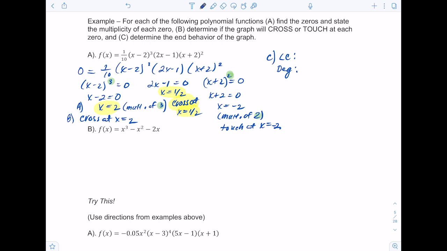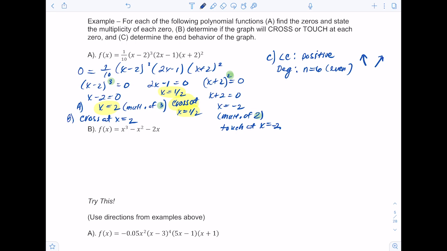So my degree is 6, which is even, and my lead coefficient here, it's positive, right? We said positive 2/10. So when it is positive and even, remember that it's going to point upwards on both sides. So think of x squared, right? It's positive and even, and it's a parabola that's concave up, so it's pointing up.